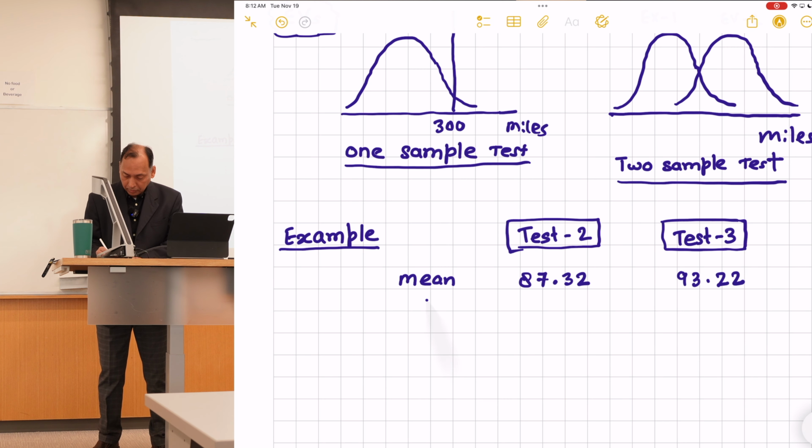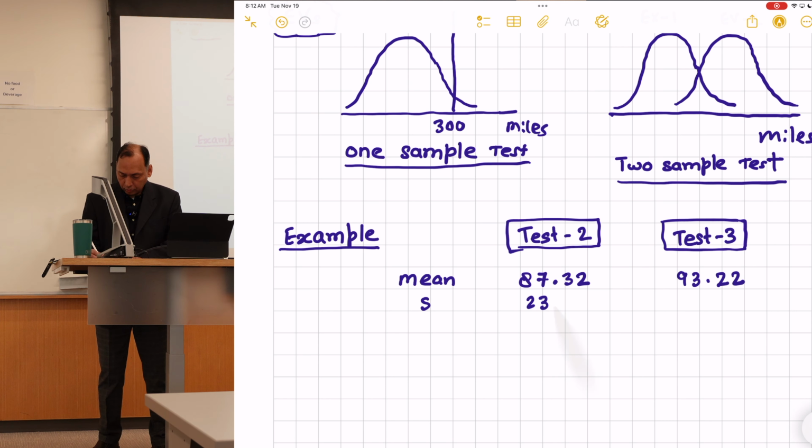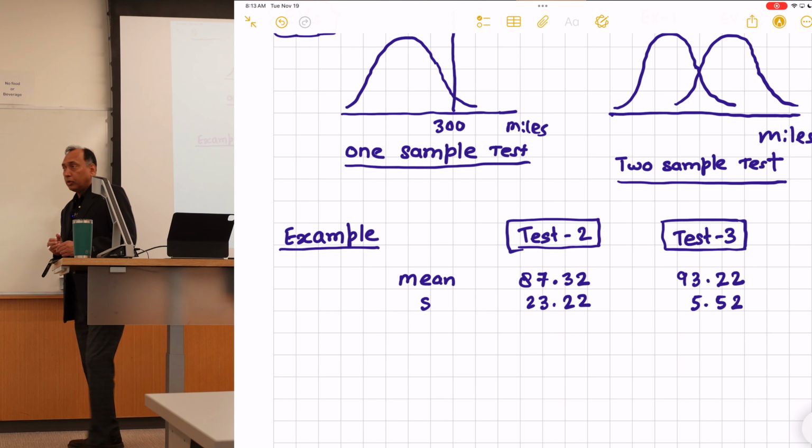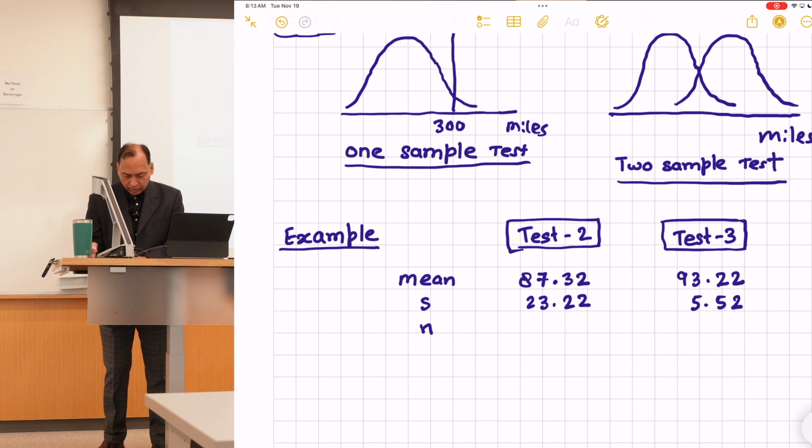Standard deviation based on these samples was 23.22, 5.52, and sample size, there were 32 here and 31 here.